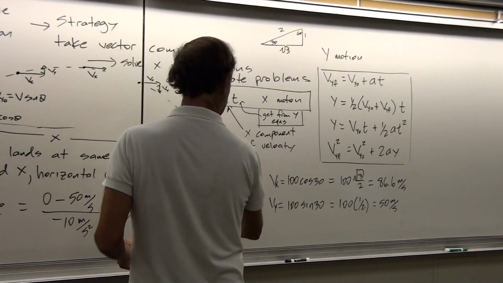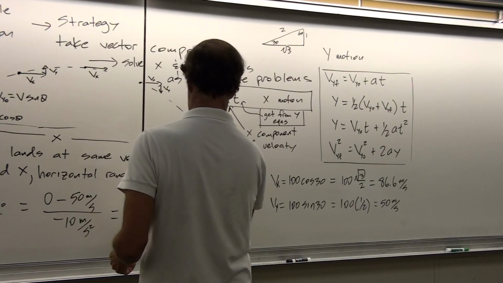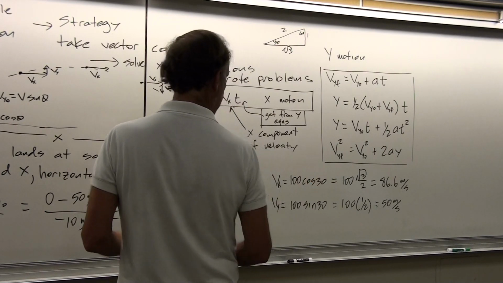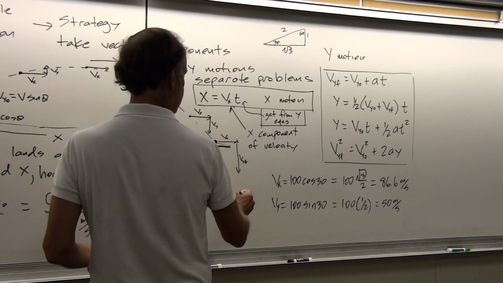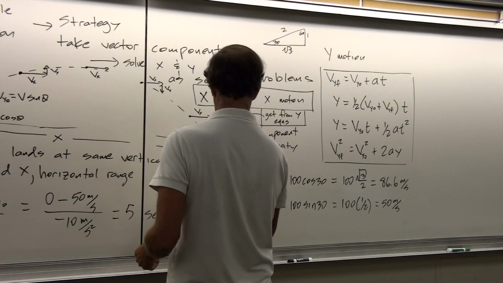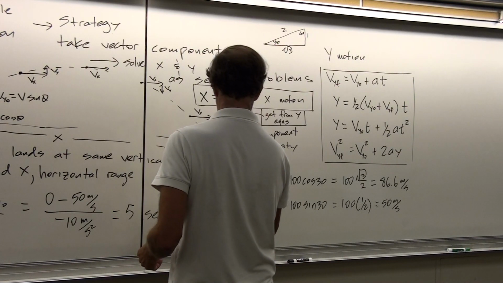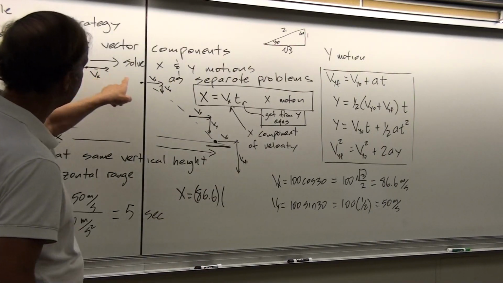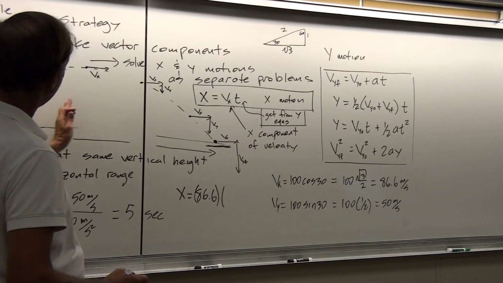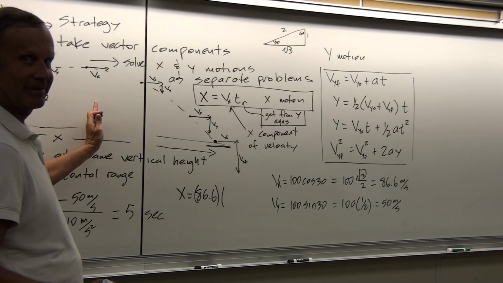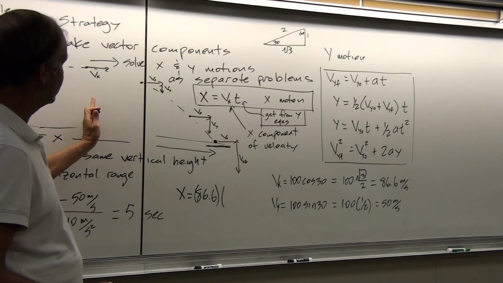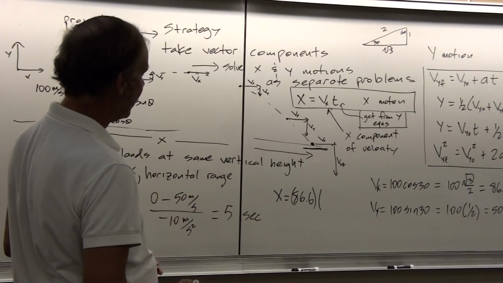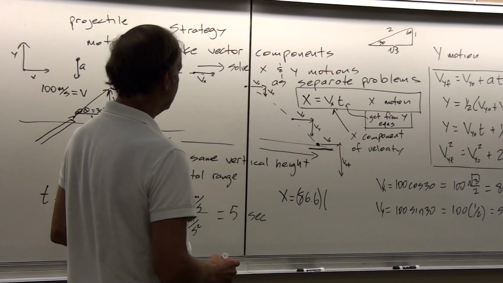And so our x equation then is going to be x is equal to 100 times the cosine of 30, so that's 86.6 times, now is it 5 that we're looking for here if it's the total time of flight, or does that just give us half of the horizontal range? Think about that for a second. Turns out that this time is only half the time, as I mentioned before, that we need.